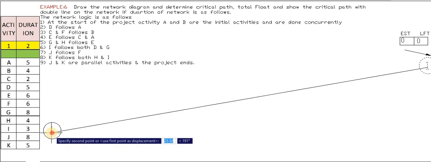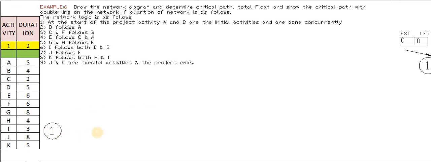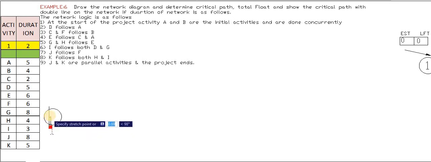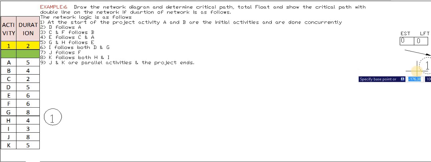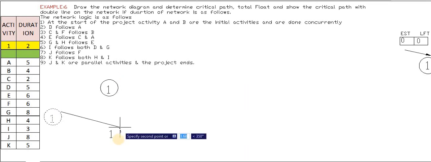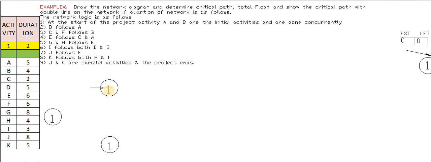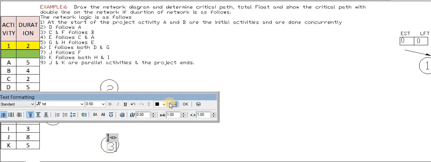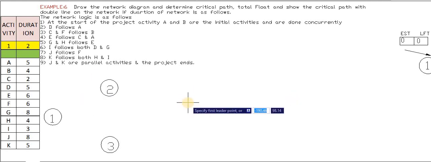Yes, so we will draw the starting point at this point, and we will move it upside. Then we will give the numbers to A and B. Here we will give the number as 2, and here we will give this number as 3.